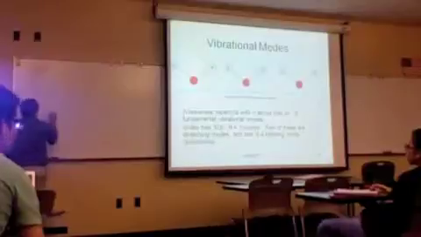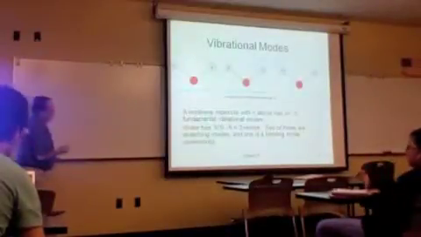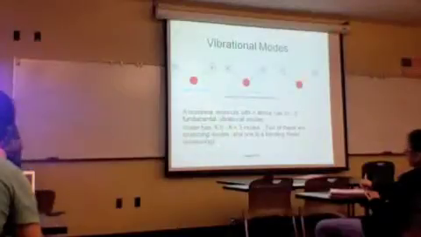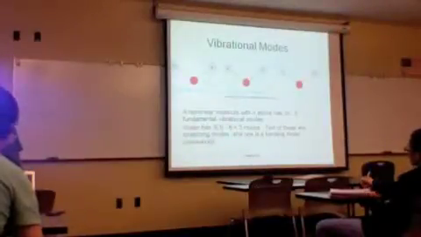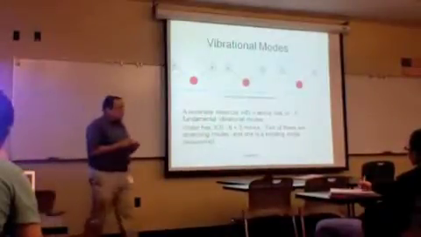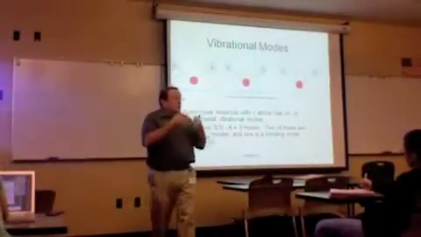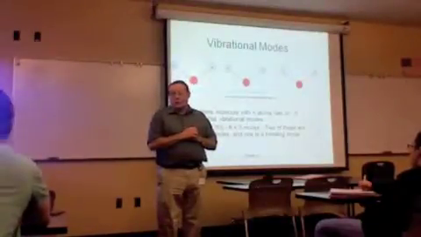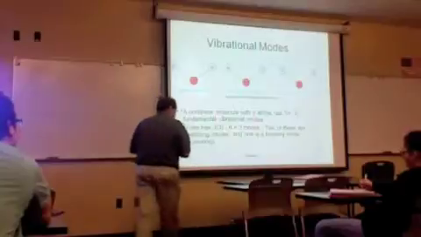So 9 times 3 minus 6. Oh, 21. Who said 21? John. 21 separate bands could appear in the infrared spectrum. Now not all of them will appear.